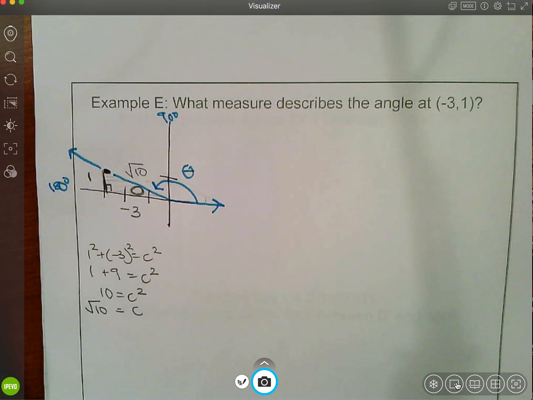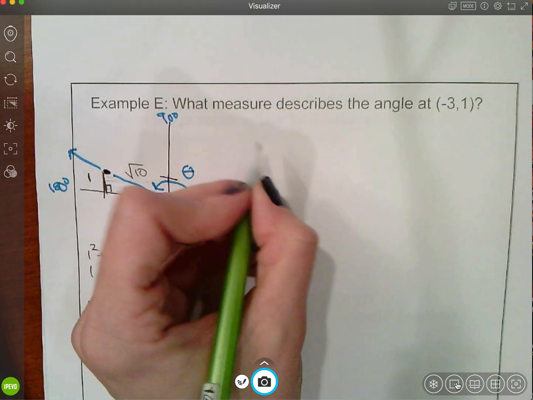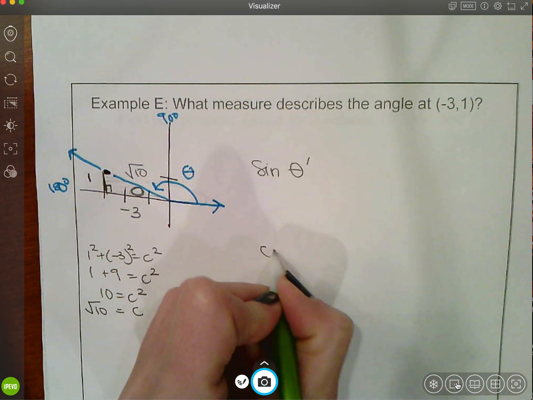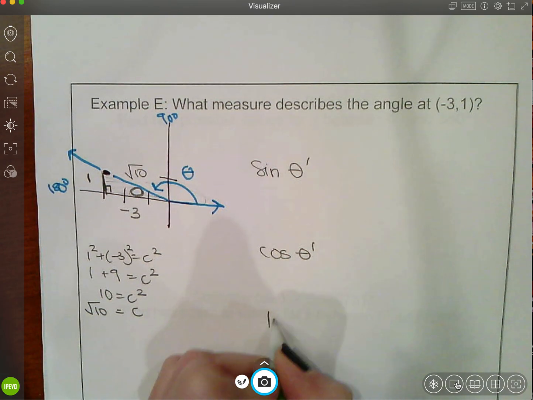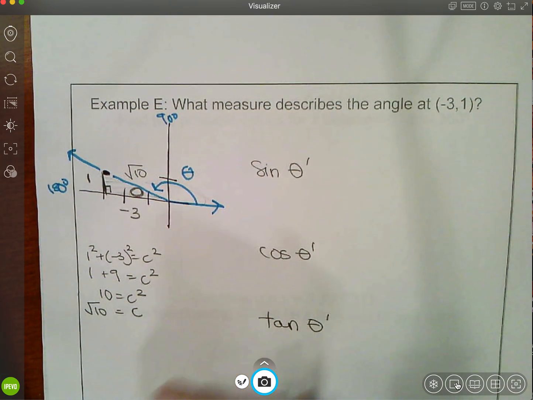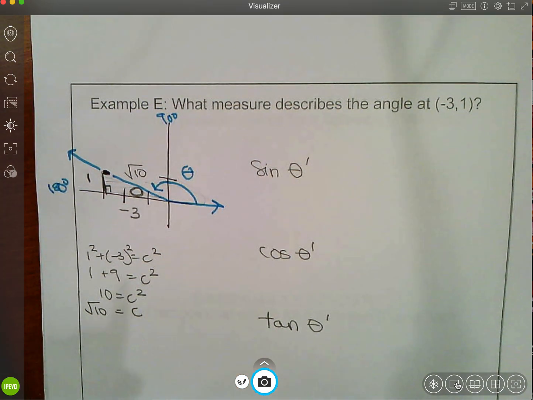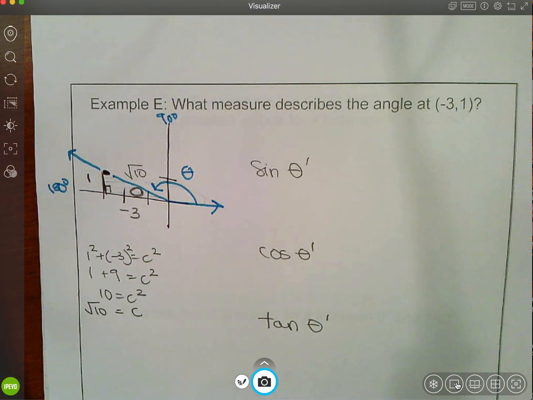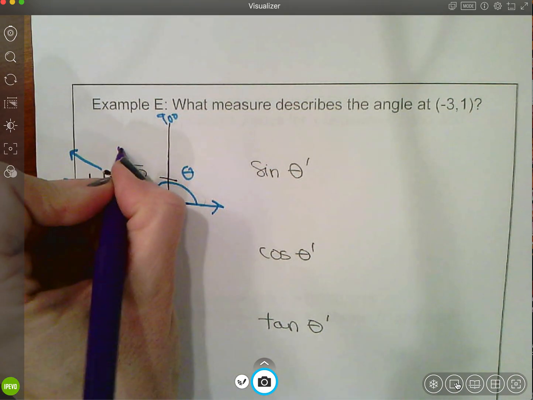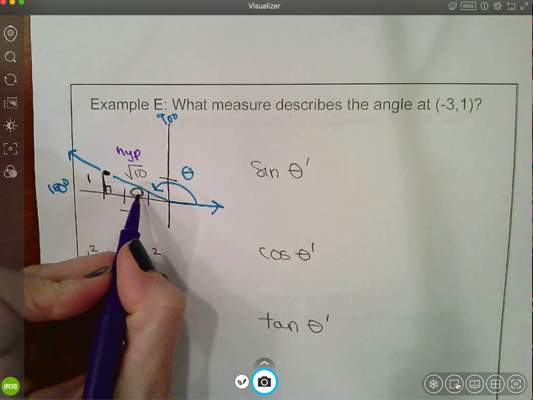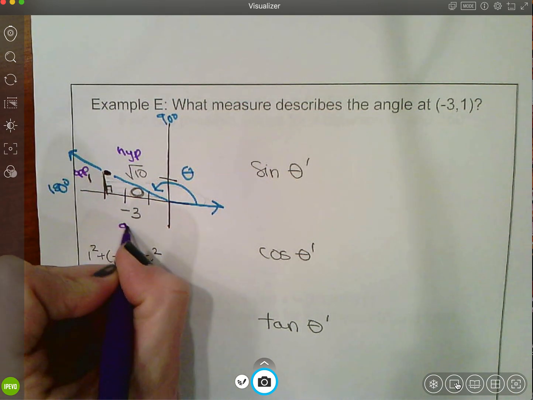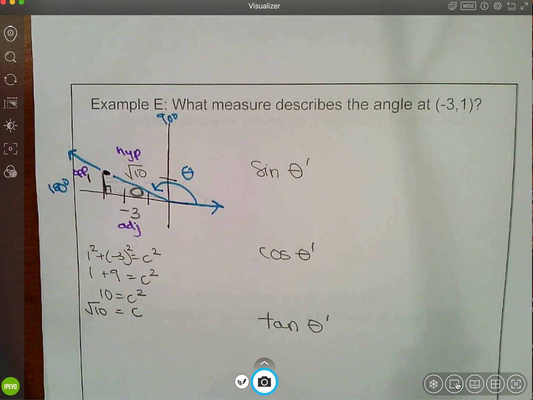Okay, now let's guess. I have no idea if the sine of the reference angle is going to be correct, the cosine, or the tangent. So we'll try and it'll end up being obvious which one works. So sine from the reference angle is opposite over hypotenuse. Well, that square root of 10 is the hypotenuse, and from the perspective of the reference angle, 1 will be the opposite and the -3 will be the adjacent.